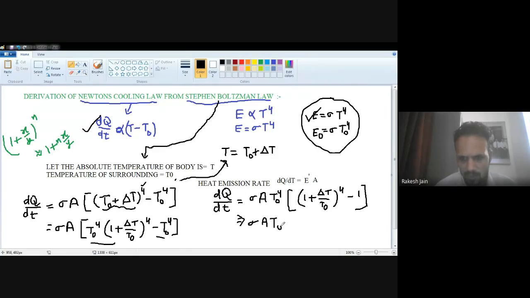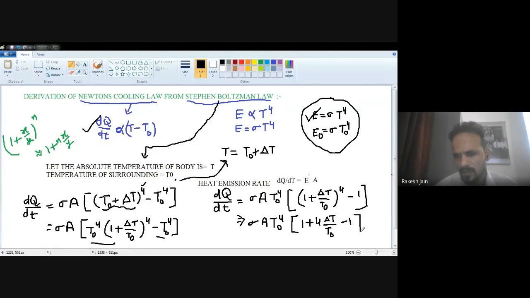If you have any query, you can ask me after this lecture. So σA T0 raised to the power 4, then (1 + 4ΔT/T0) minus 1. If you don't know about this mathematical rule, you can ask me after the completion of this.